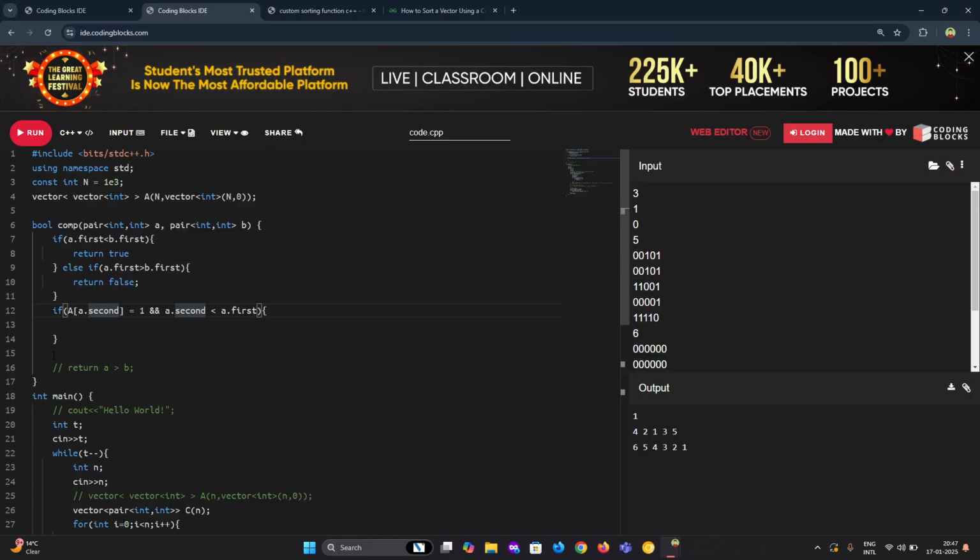If they have an edge, then the lower guy should come first.